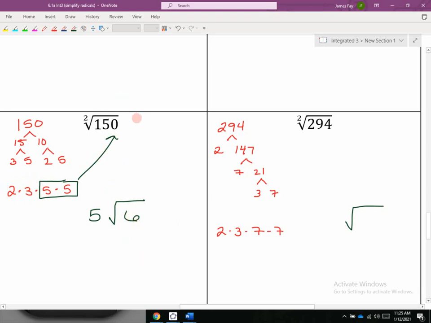Another way of thinking about this, and we'll talk about this maybe a little bit more tomorrow, is that this radical 150 can be written as 25 times 6. Now, we haven't talked too much why this would be the case, but I can rewrite this as that.